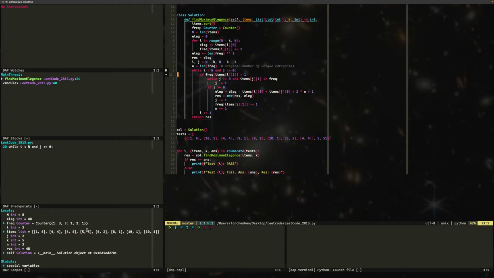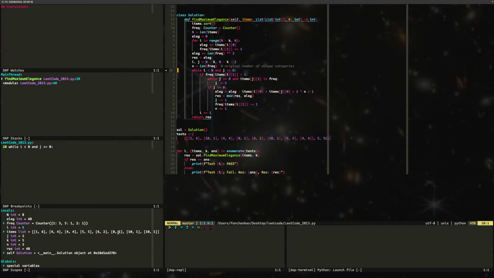So we're at this 5. Frequency is larger than 1. Oh, 5's frequency doesn't, so we don't do it. Okay, i plus equal 1. So now i is 4, and it's 6, 2. And 2 is only 1. Okay, go up.